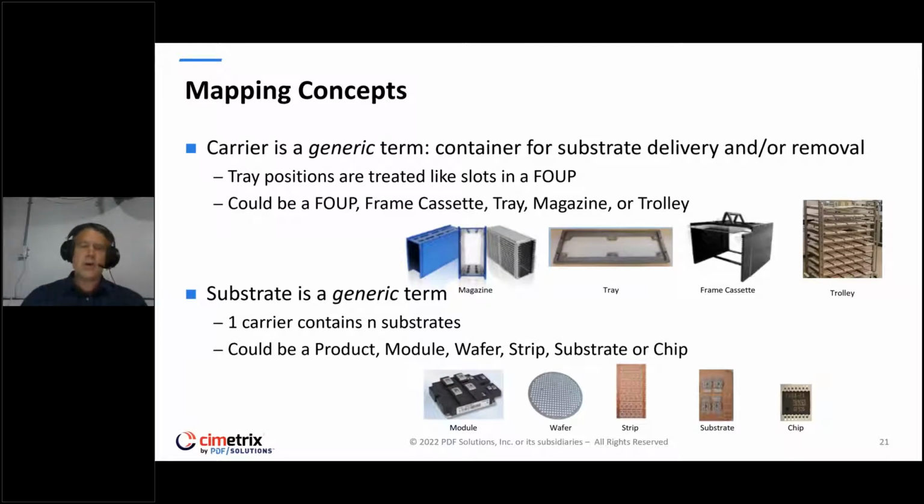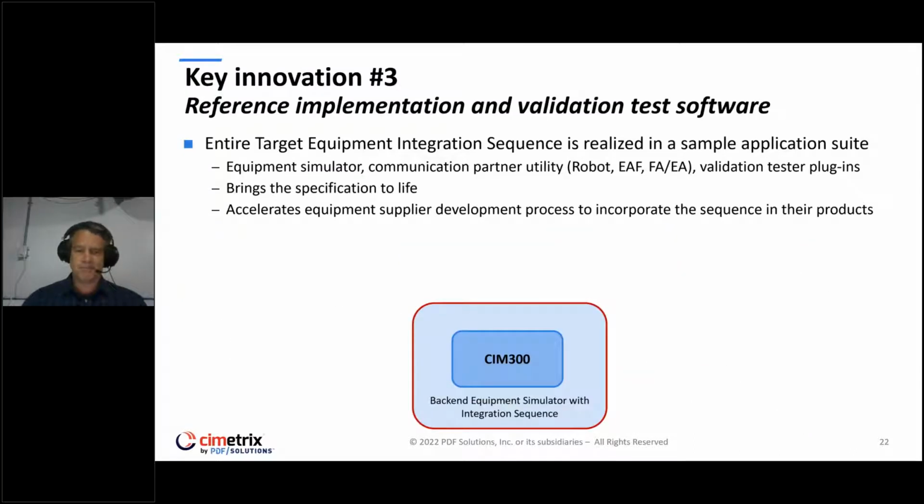And what's so important about this is by standardizing how carriers are identified and how the substrates are identified, this means that you can implement traceability, as Alan was talking about. The E142 traceability doesn't really work unless you can uniquely identify the substrates and carriers. And adopting these standards and showing you how to adopt them allows that unique identification to occur.